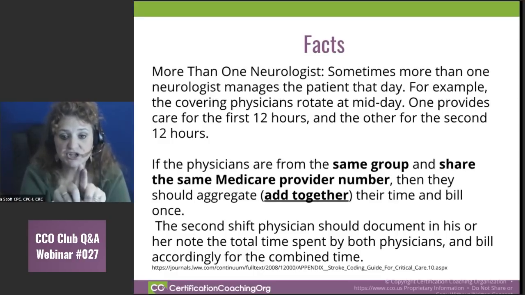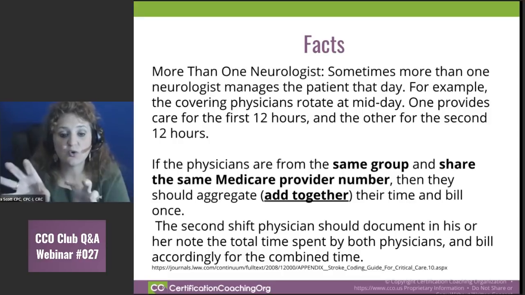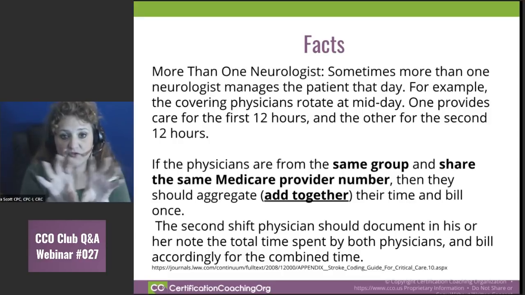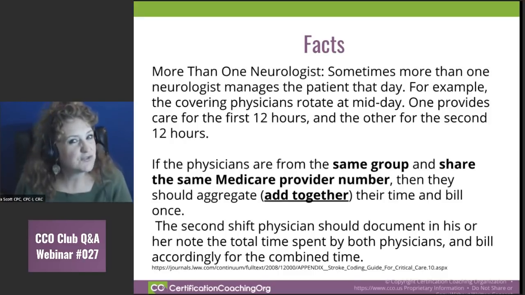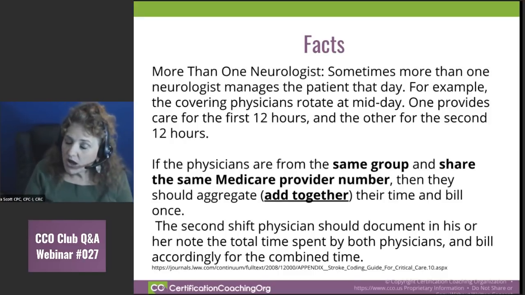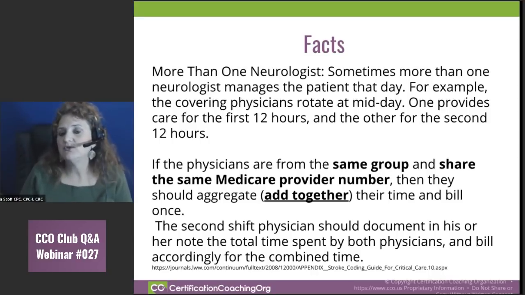But if they do share that same ID number for Medicare, then you're going to add the hours together, the 12 and the 12. So the second shift doctor is going to add their total bill to combine with the first shift, so you have 24 hours instead of 12 and 12. Now that gets confusing. So you, as the coder, how do you know?